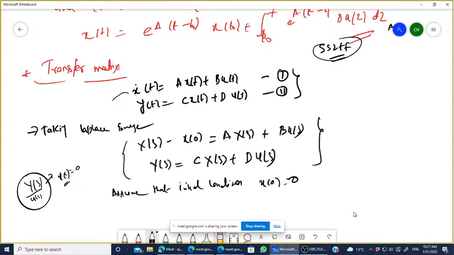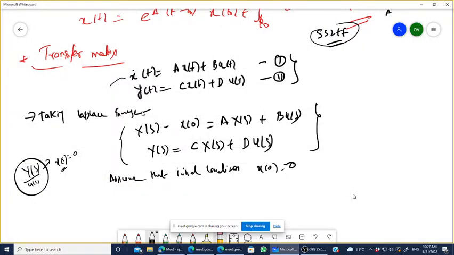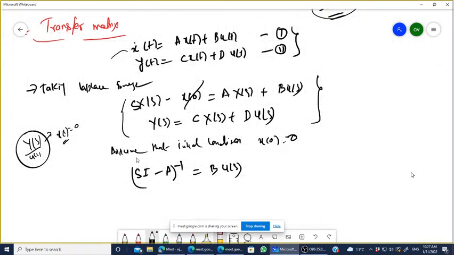I think I am wrong somewhere. Yes, sX(s), right? So (sI minus A) X(s) equals BU(s). Here we have X(s) and s.